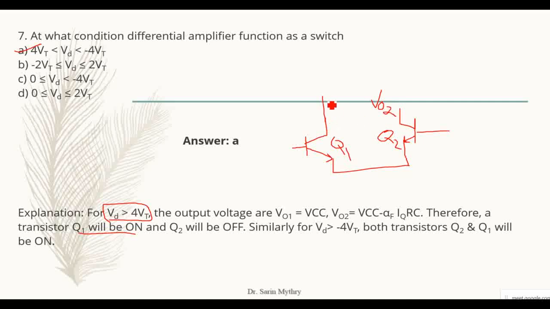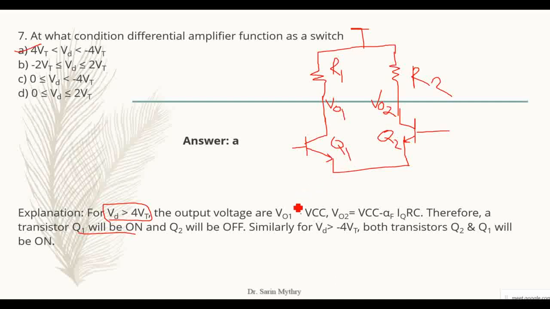This is your VO1 which is taken in between that resistor. You will be having one resistor here like this, and this is another resistor R2. VO1 is nothing else but your voltage across the collector 1, and VO2 is the voltage across collector 2. So this is your circuit which they are talking about here.